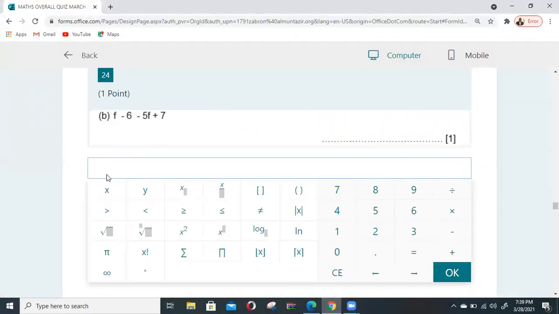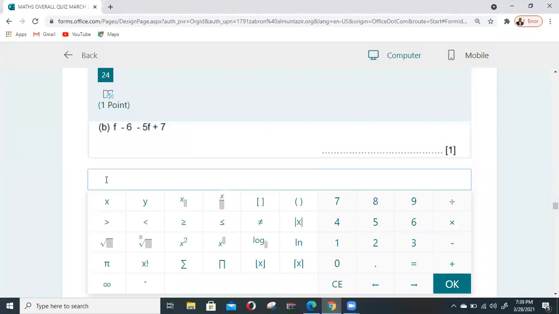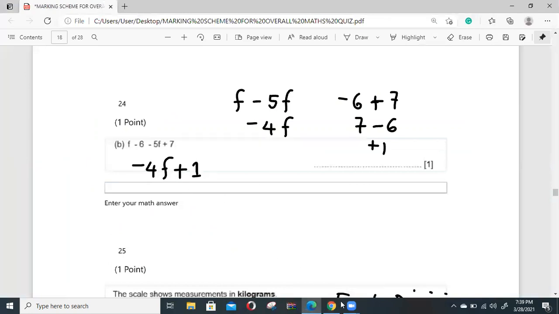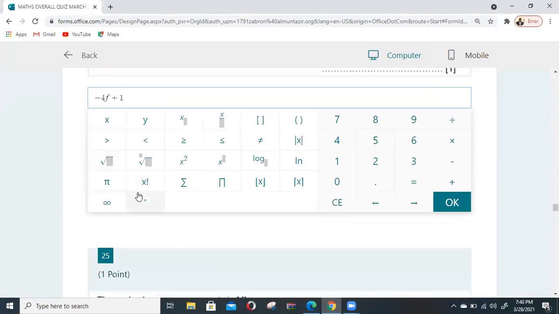I'm going to write here negative 4F, then plus 1. Negative 4F plus 1, that's the answer. Okay, so then I'm good to go.